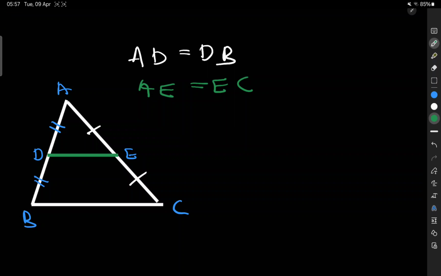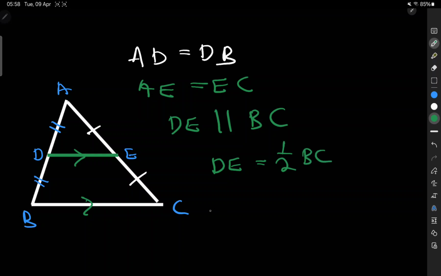If we're given that information, then what the midpoint theorem states is that we can conclude that this line, DE, is parallel to the third line, which is BC. But not only that, we can also conclude that DE is half of BC, meaning DE is equal to half of BC.